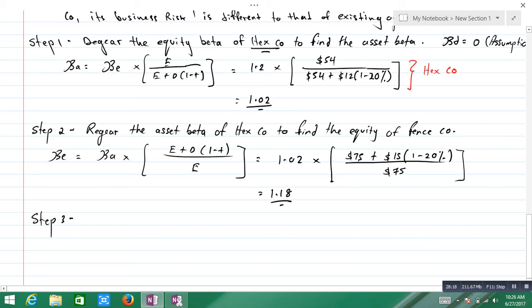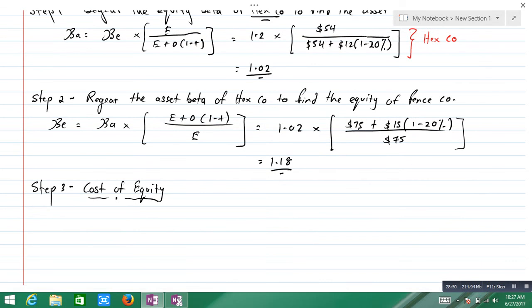That's the required return, and of course we're going to use the CAPM formula here, times the beta equity, so 4%, 11%, 4%. The beta equity is this, which comes over here, 1.18.